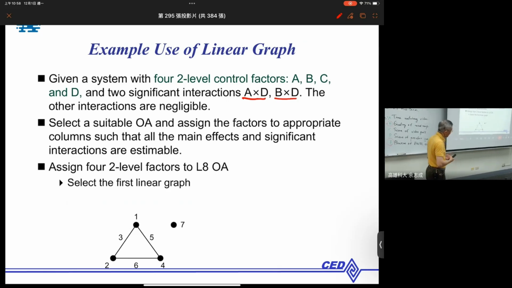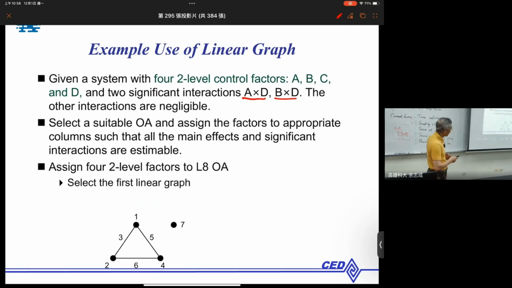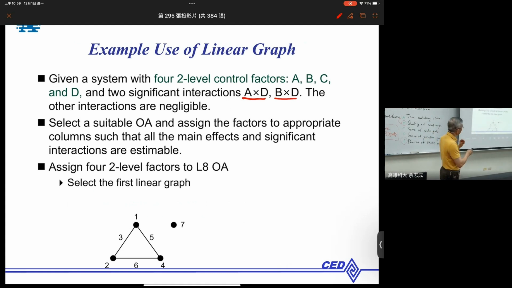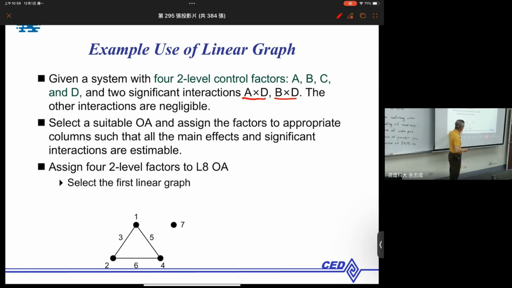We assign the factors that happen in the interaction the most, which means that here D appeared 2 times, right? AD, BD 2 times. So we need to assign D first and assign D to the point with 2 lines, since it has to consider 2 interactions.